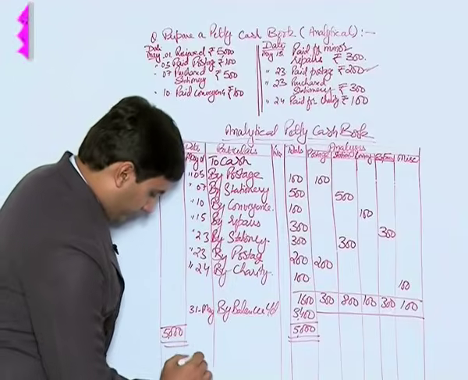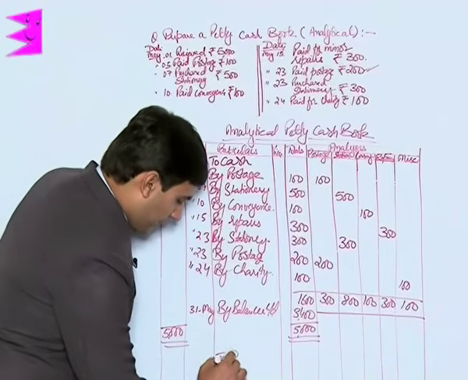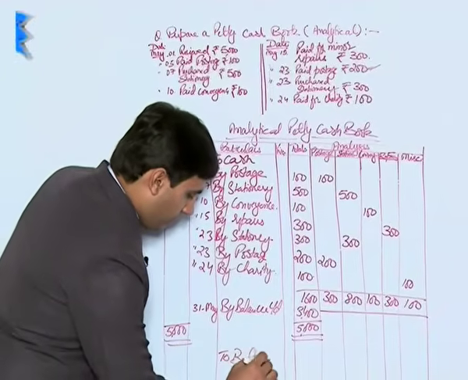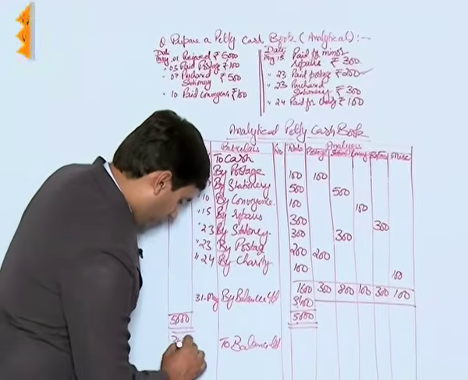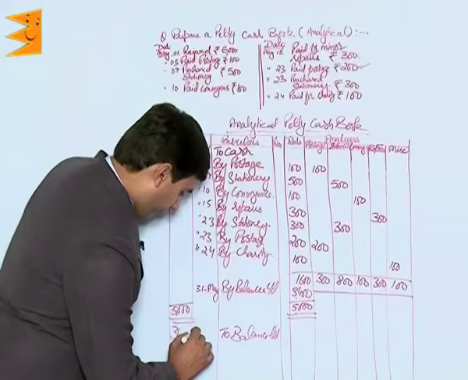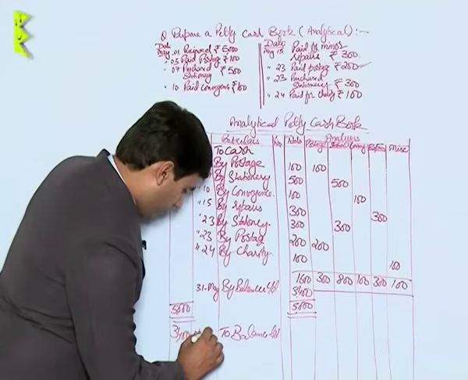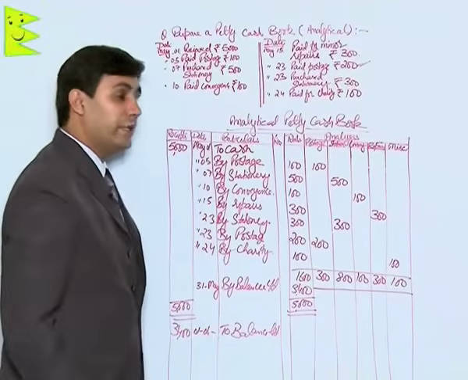Again, we must bring down the balance to balance brought down 3400 on 1st June, whatever is the year.